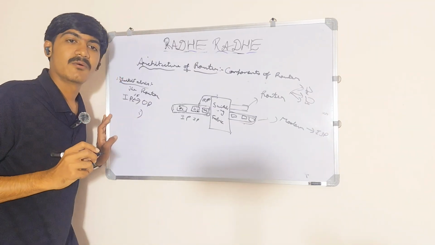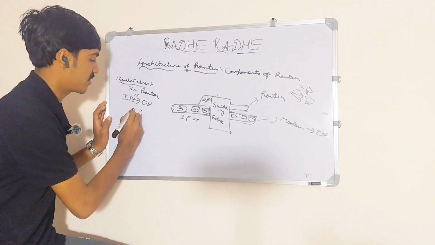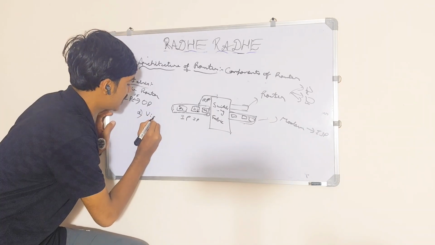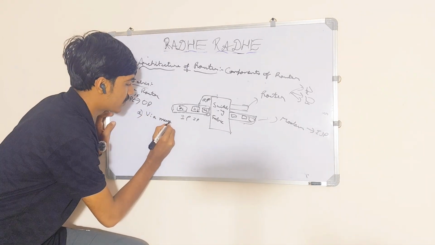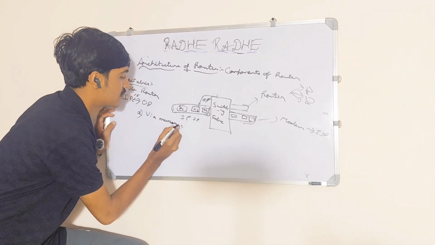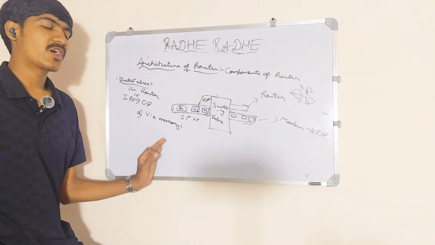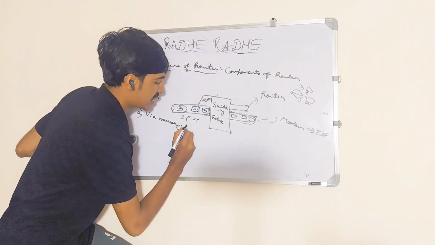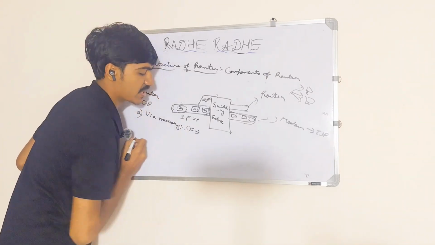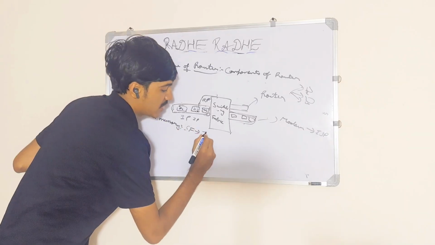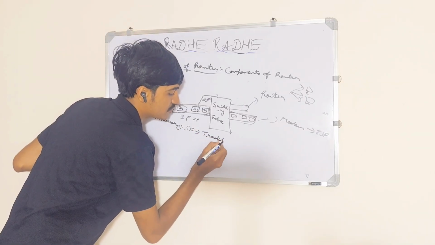Now that is done by means of two ways. Switching via memory is very simple. Here the switching fabric works as a traditional CPU.